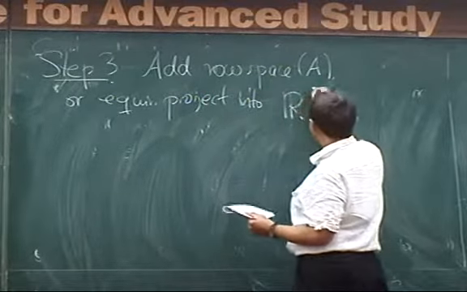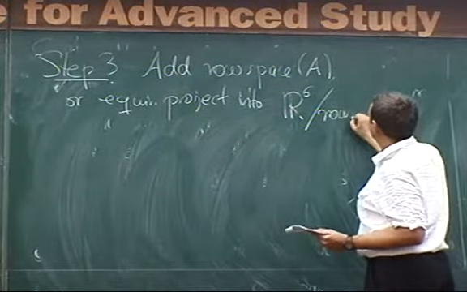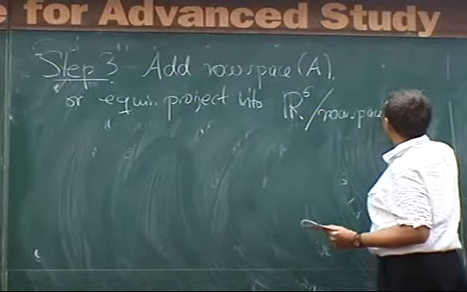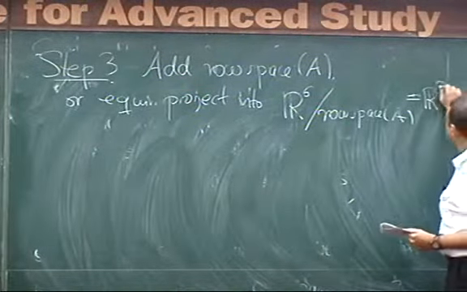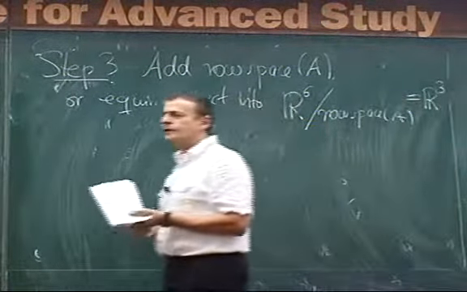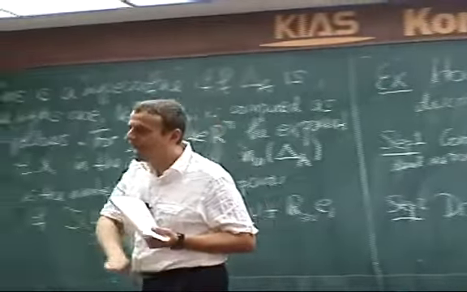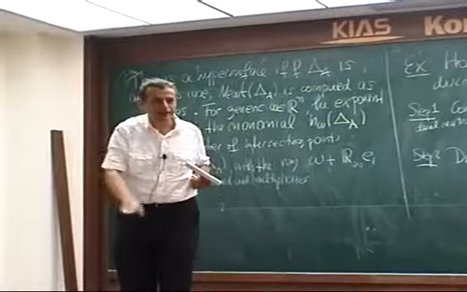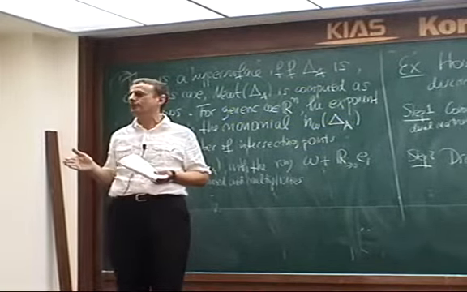Let's do this in R6, maybe, or TP5 modulo the row space of A, which is an R3. Right? If you think about it for a moment, you have any subset of a high-dimensional space, and you want to add a linear space. Well, it's the same thing as projecting modulo that linear space.